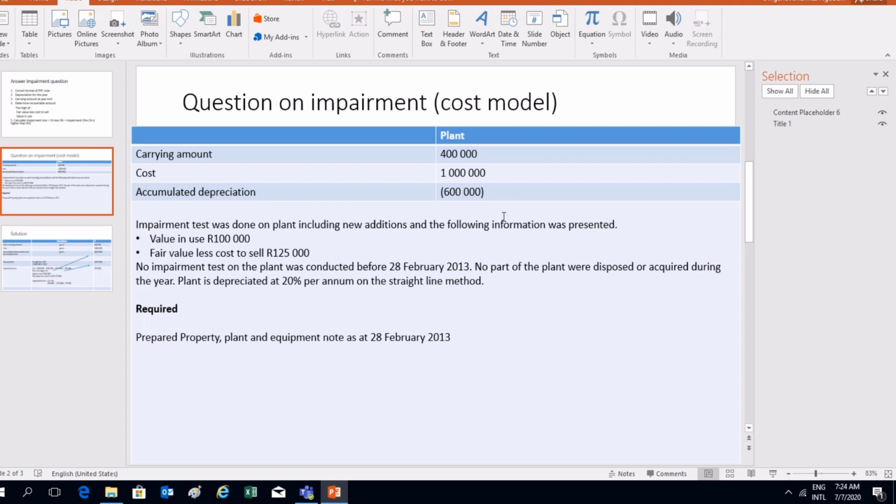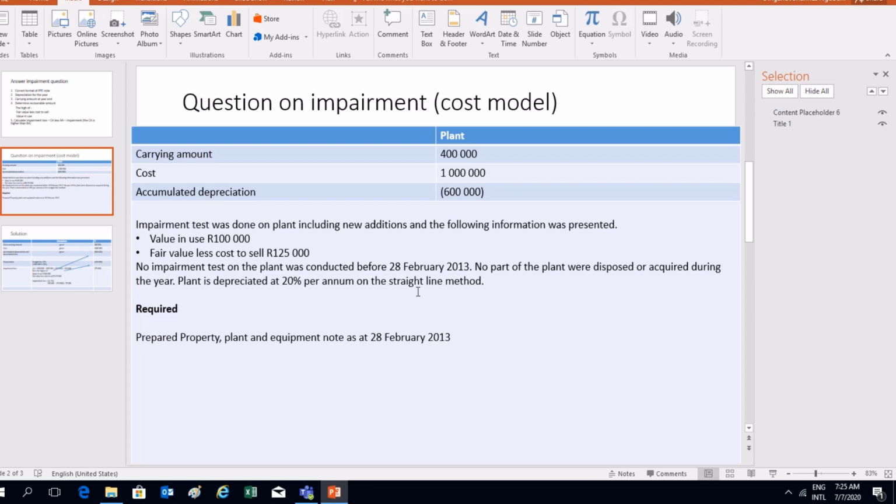Suddenly they tell you that come year end, an impairment test was done on the plant, including the addition, and presented the following value in use. My future value if I'm going to use this asset, and if I were to dispose of this asset today, I'm having this too. No impairment test was conducted before 28 February. No part of the plant was disposed of or carried during the year.